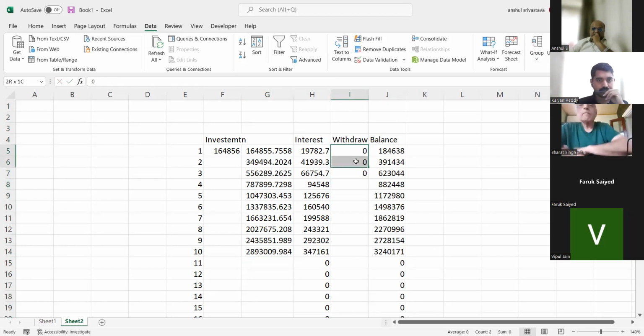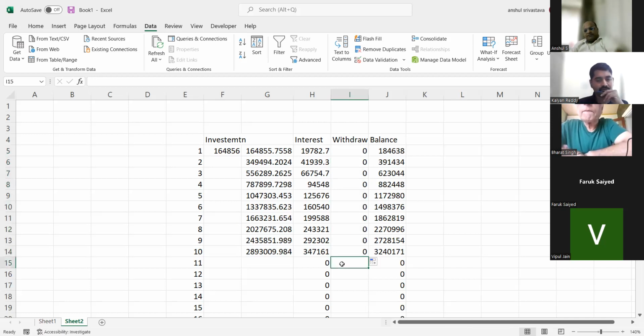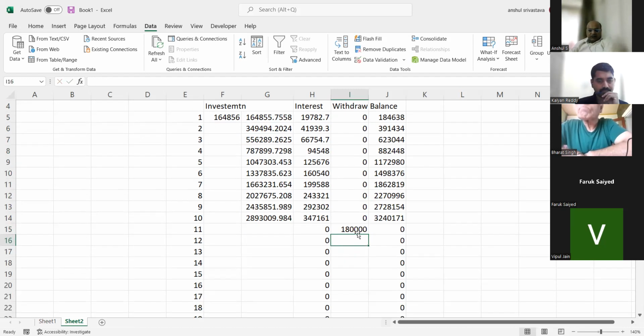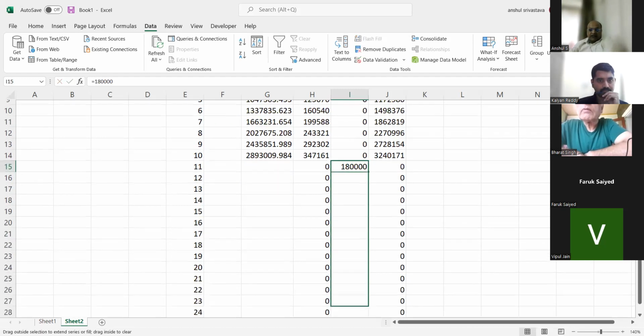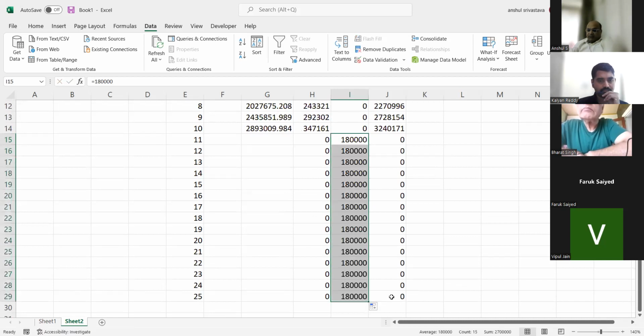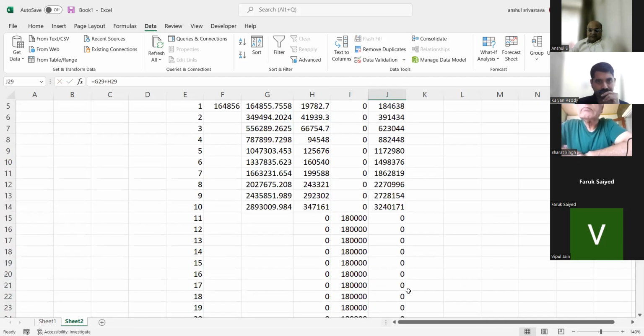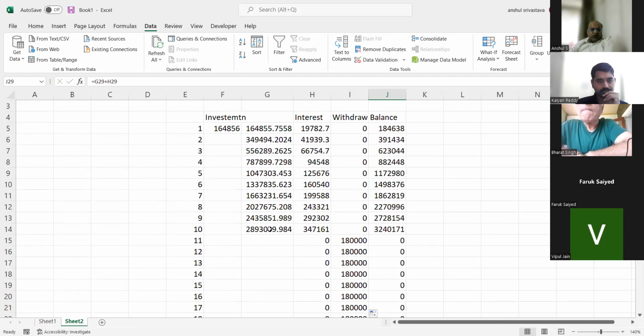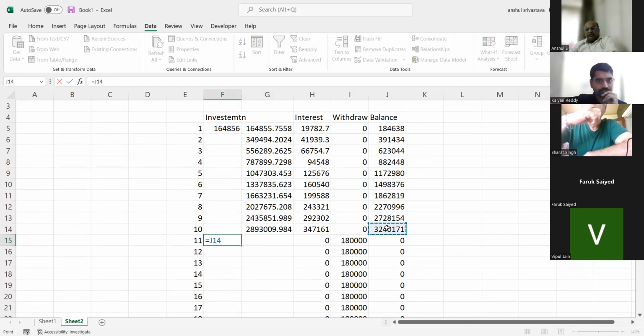After that there is a constant withdrawal of 1,80,000. We will put this figure for the next 25 years. We need a balance of 50 lakh rupees. After that investment will stop, so only the balance would remain.